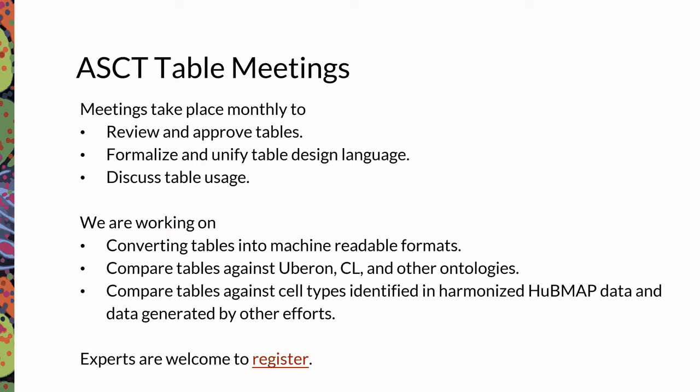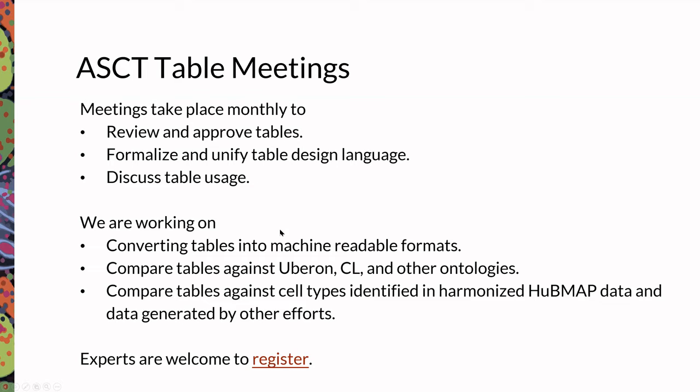And again, there are pathologists and anatomists and clinicians and biomolecular experts. And again, the language is very much like a Tower of Babel. But what we do together is to review and approve these existing tables, to formalize and unify the table design language, and also to discuss the table usage.